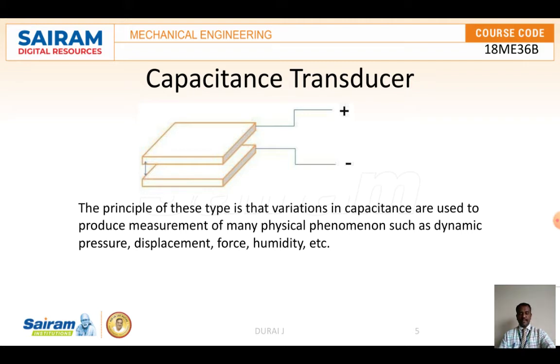The variation of capacitance is used to measure many physical phenomena like dynamic pressure, displacement, force, humidity, and the measurement of liquid or gas levels. Capacitance is a function of the effective area of the conductor, the dielectric strength of the material, and the separation between the plates.